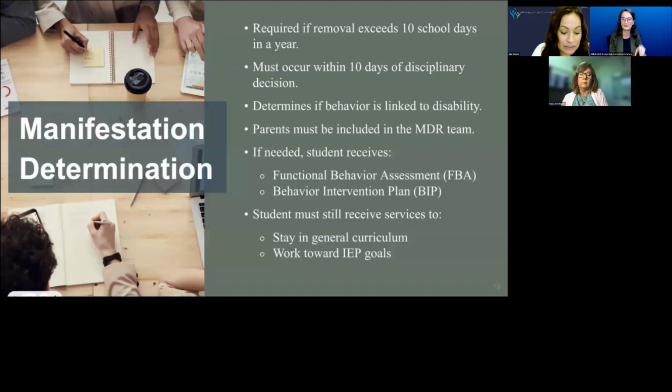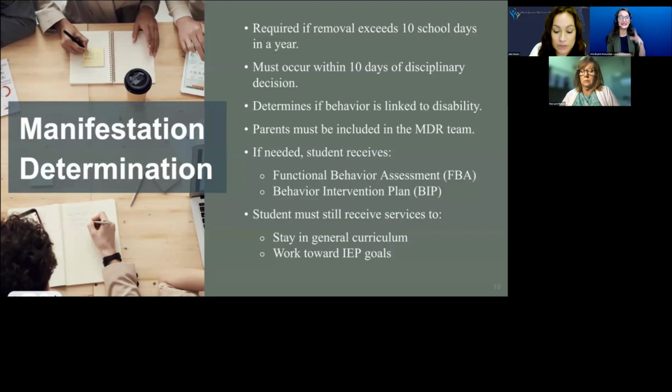Manifestation determination. A manifestation determination review meeting must be conducted to determine whether the child's misconduct is caused by the disability. So when is it required? It's required if the removal exceeds 10 school days a year. It must occur within 10 days of the disciplinary decision. It determines if the behavior is linked to the disability.